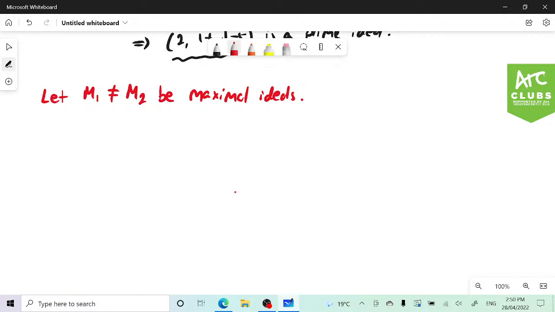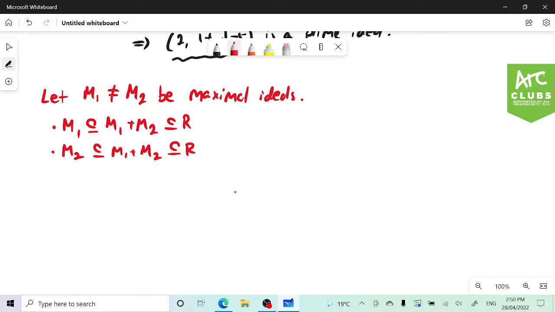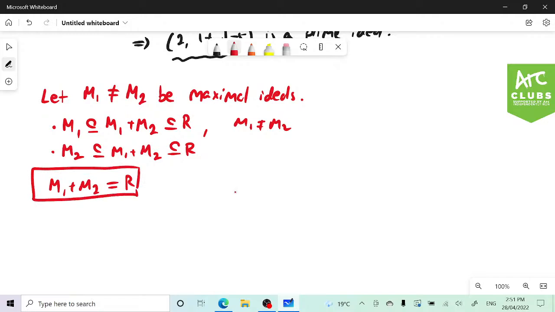First of all, we notice that M1 is inside the ideal generated by M1 plus M2, and that's also inside R. Similarly, M2 is contained inside M1 plus M2, which is also contained in R. Now, because M1 and M2 are maximal, and we know that M1 is not equal to M2, that tells us that M1 plus M2 is precisely the entire ring.